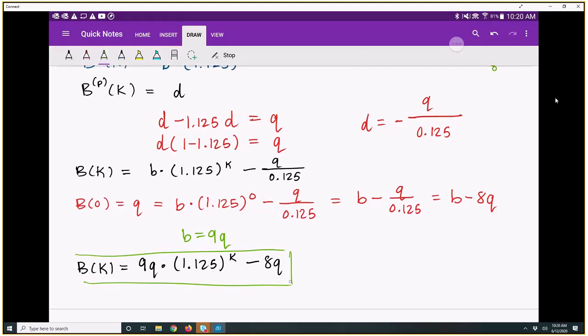Now that I have it, what the question asks me is, what should this q be if after 18 years I want to have $1 million in the account? So I want b of 18 equal to 1 million. And b of 18 is equal to 9 times q times 1.125 to the power 18 minus 8q.